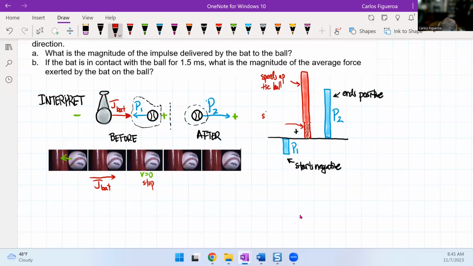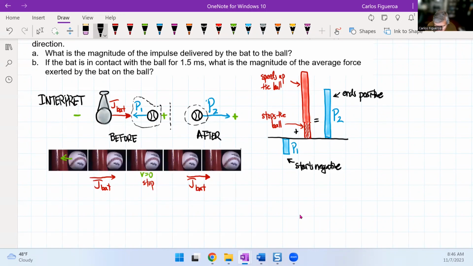This stops the ball. That's what that picture should be showing you here. And again, you're seeing here that the impulse continues of the bat to move in that direction. So according to the impulse momentum theorem, that's what it is right there.